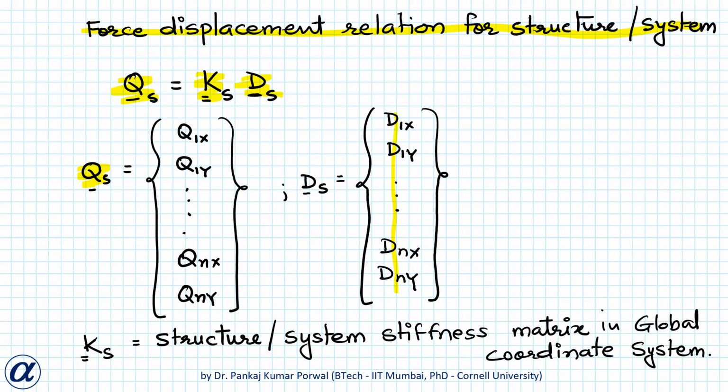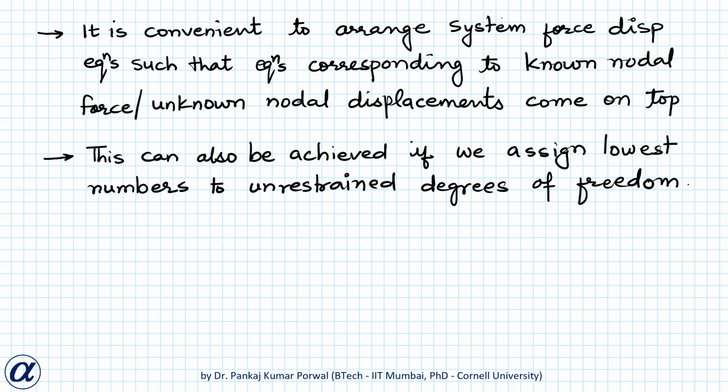Now in solving these equations, it is often convenient to arrange the system of force displacement equations such that equations corresponding to known nodal forces and unknown nodal displacements come on top.